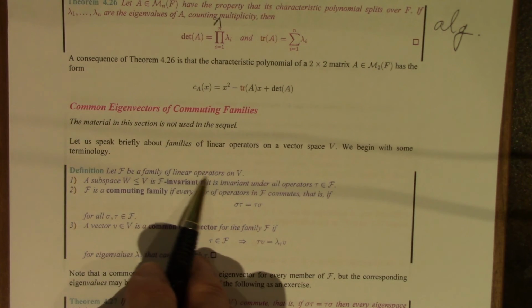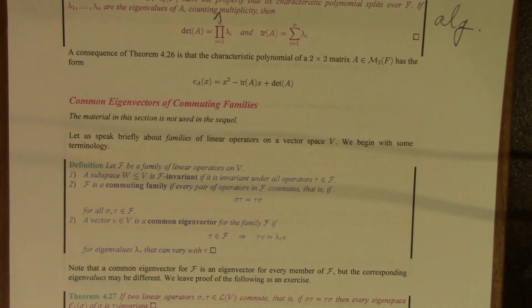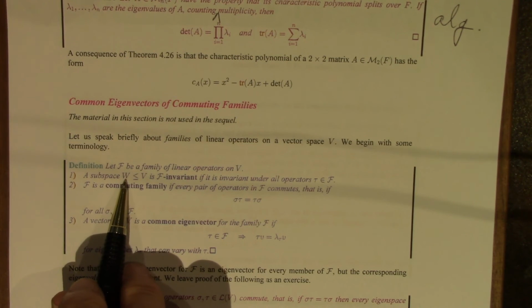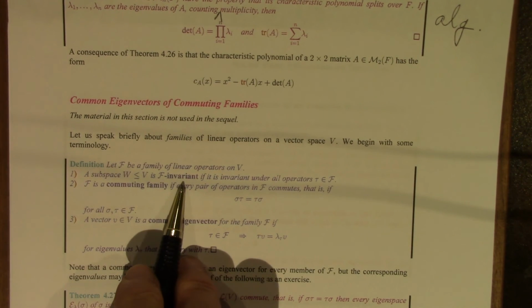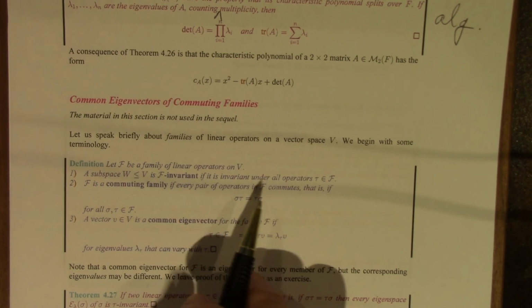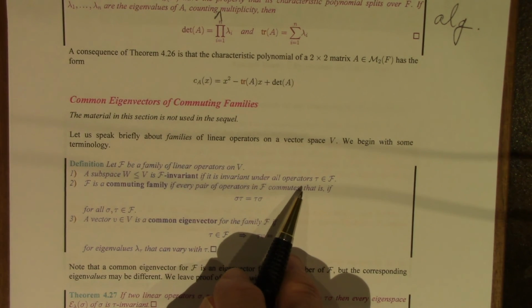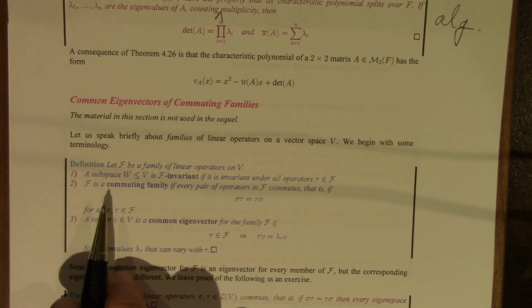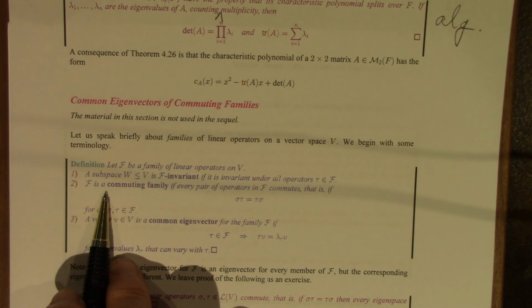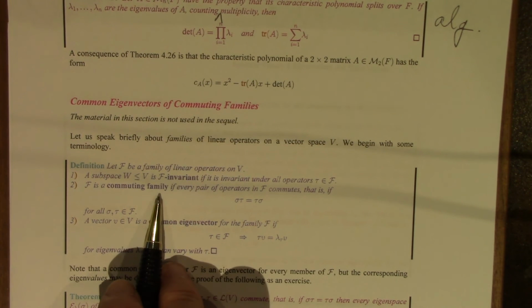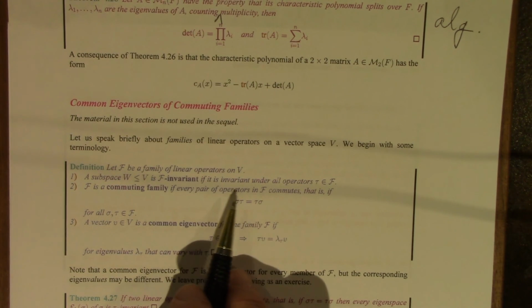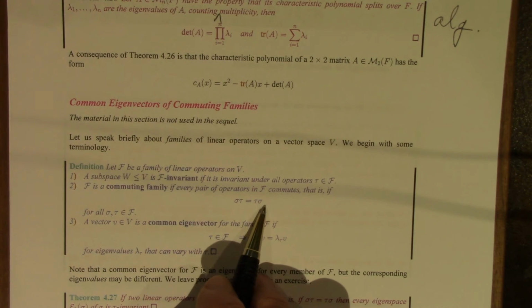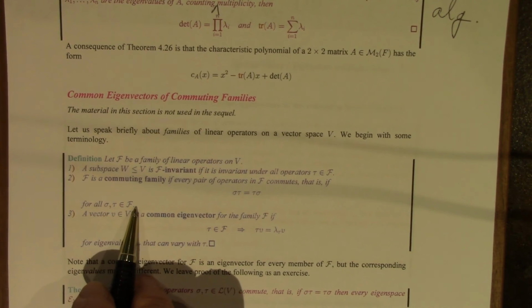So let F be a family of linear operators on V. A subspace W of V is F invariant if it is invariant under all the operators in the family F. The family F is called a commuting family if every pair of operators commutes. So sigma tau equals tau sigma for all sigma and tau in the family.